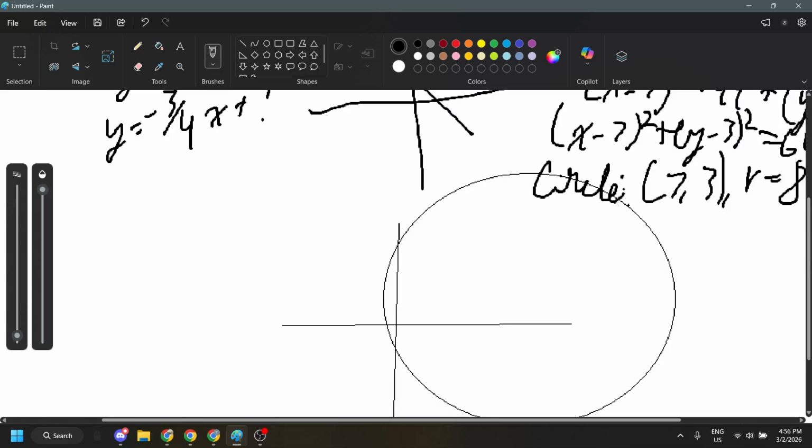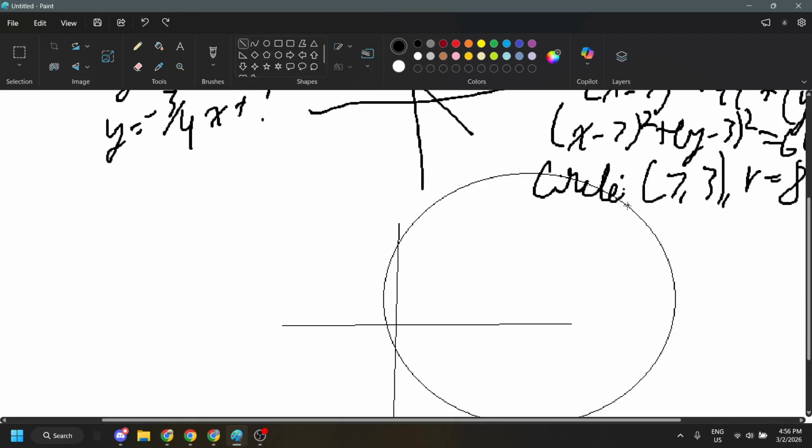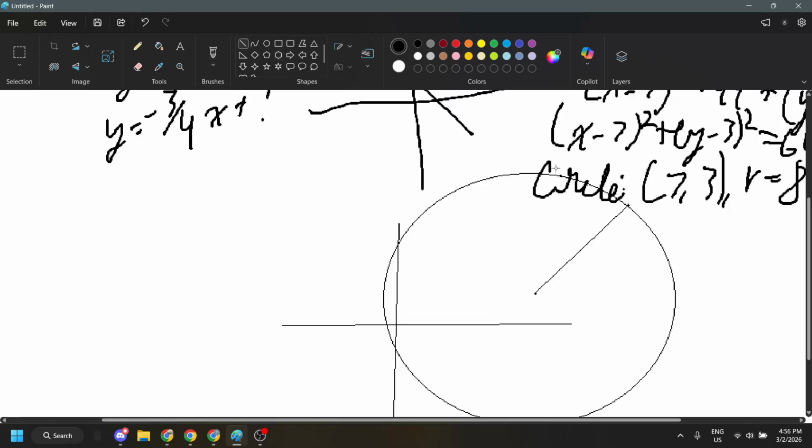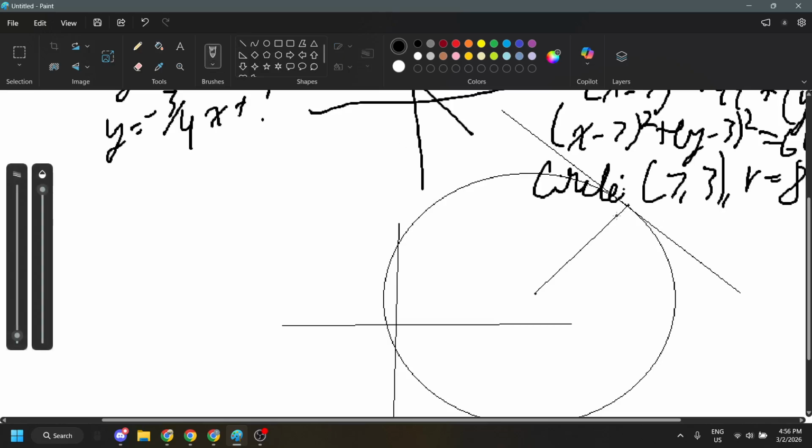Let me find, it's going to be where it's tangent here. So it's going to be the exact point where it intersects. If I find that, I can figure it out. So it's going to be where it's tangent, so it's going to be a line like this. So there's going to be a right angle.